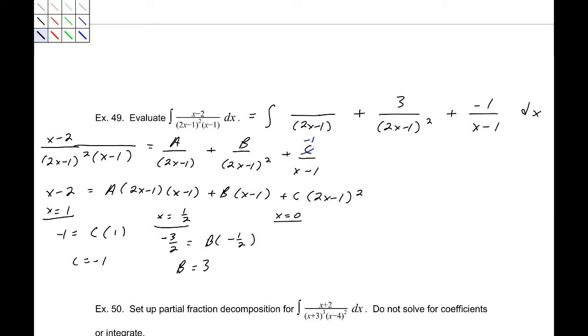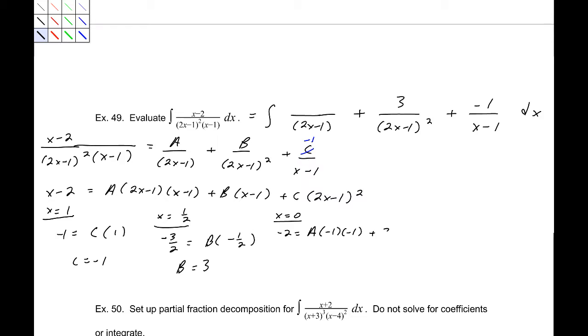This is not going to necessarily help, obviously, but if we plug that in, we get -2 equals a, we don't know what a is, so a times -1 times -1 plus b, we know what b is.